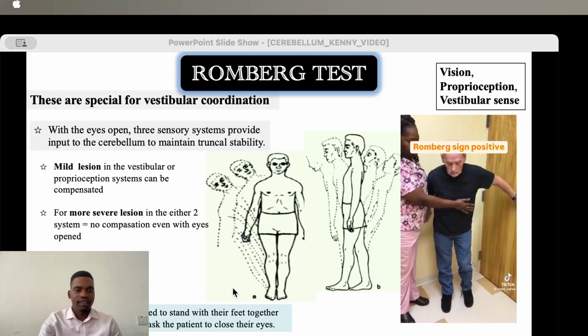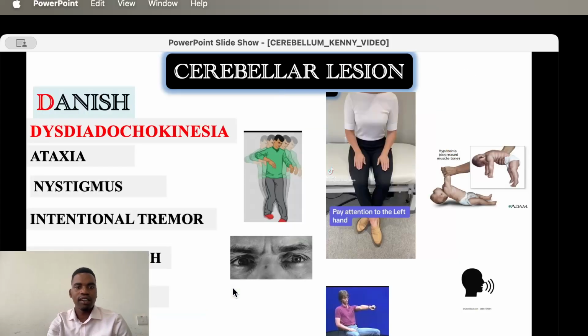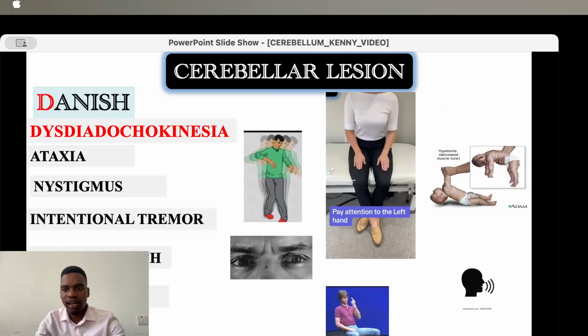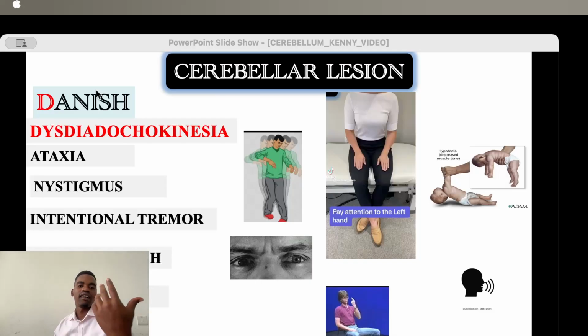So lastly, let's see the summary of the cerebellar lesion. The cerebellar lesion can be remembered by using the mnemonic DANISH. Danish is anything associated with Denmark, the Danes, or maybe the Danish flag.